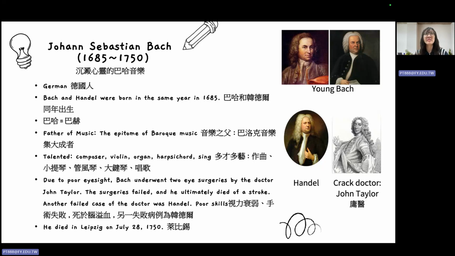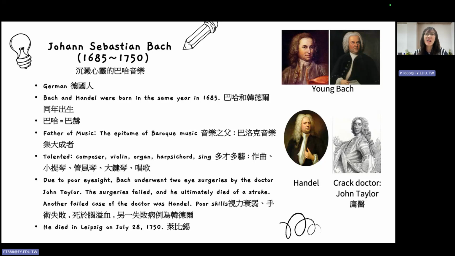He was singing in the church choir 啊，非常非常多才多艺。But due to his poor eyesight, Bach underwent 2 eye surgeries by the doctor John Taylor. So you can see the picture on your right side. He was a quack doctor. Quack doctor 就是庸医 John Taylor. So the surgeries failed.